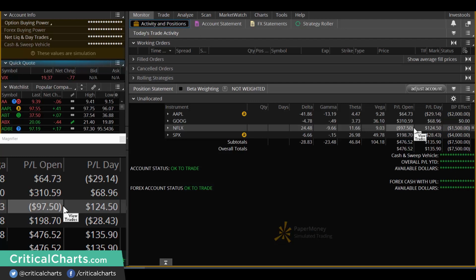So you have to trade what's out in front of you. So what you could do is reduce your position size and take profits into strength, or just simply reduce your position size, or go ahead and widen your stop. So those are some of the things that you could do.